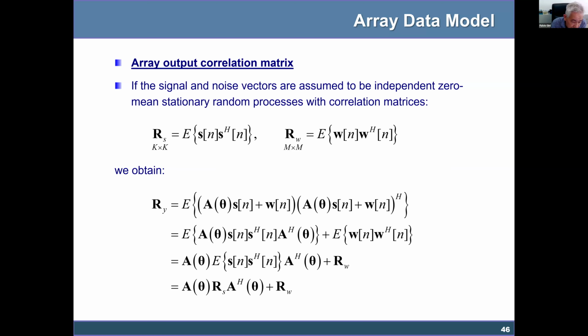So if you are able to estimate the rank, so the number of non-zero eigenvalues, you can get an estimate of the number of targets.